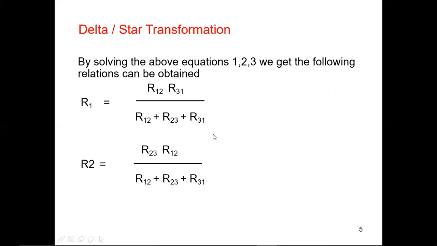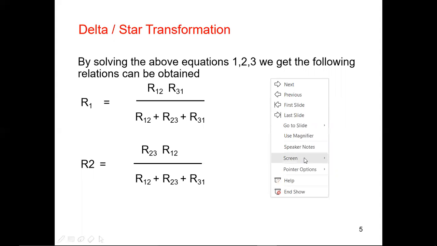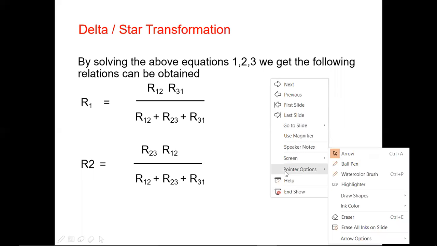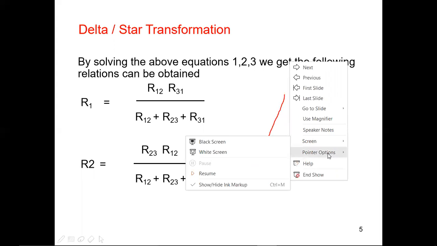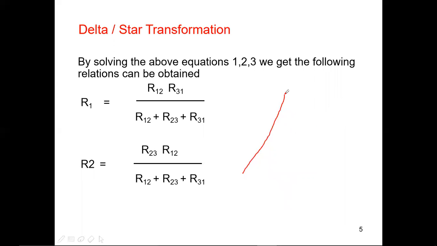Just we are converting delta, this is delta, this is 1, 2, 3. Now we are converting delta to star. Let me merge that circuit in the delta itself.